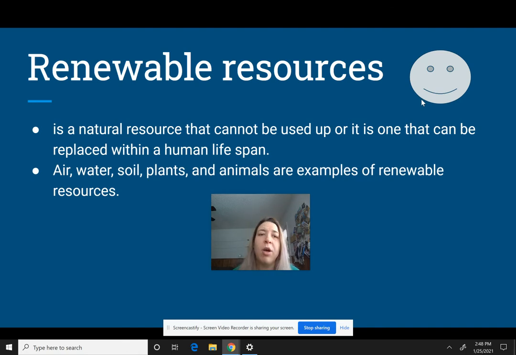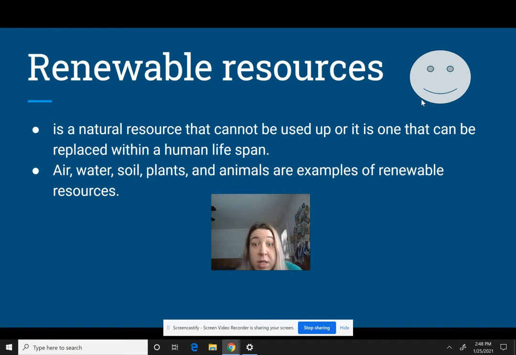All right. So renewable resources. All that is, it's a resource that basically can be replaced within my lifetime. So these are things like trees. We know we can use a tree to build a house, and I can plant the tree as soon as I cut down that first one, and that tree's going to come back. We can grow that back. You can also think of air, water, soil, plants, animals.